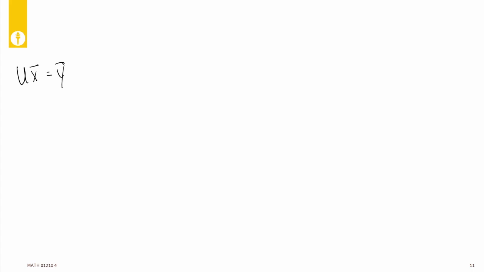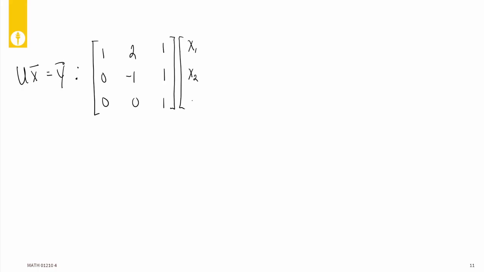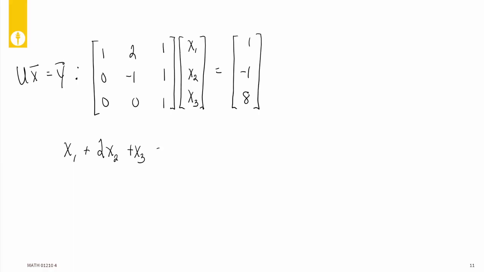Right, because now you need to solve Ux equals y for x. And this would require then the backward substitution of Gaussian elimination.